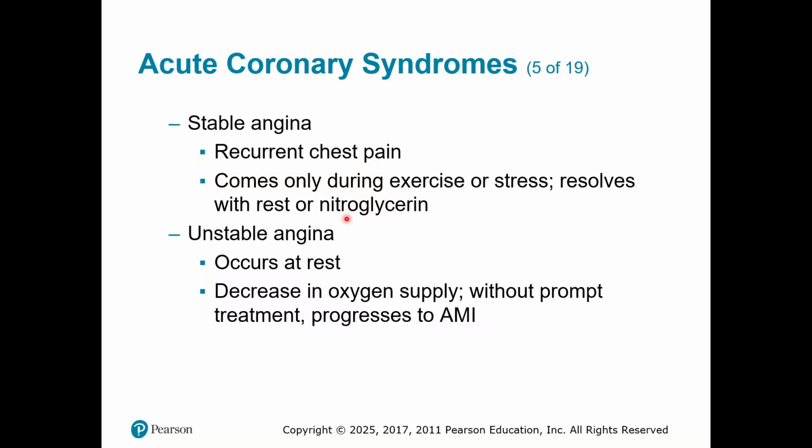Well, that's stable angina. Unstable angina, though, if I continue, so, I go about my life. I chalk that up to that. And then 2 weeks from now, I go back up there to do laundry. Same thing happens again.